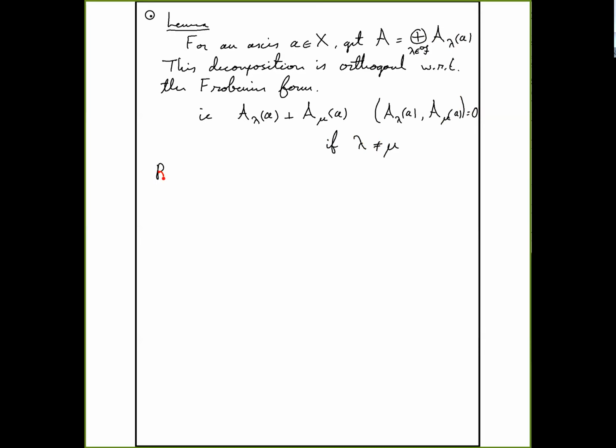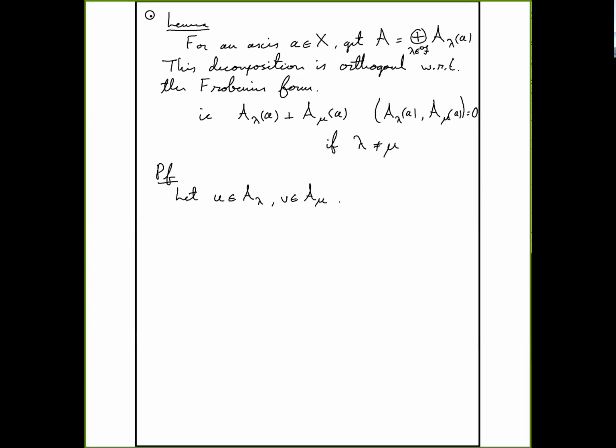So again, how do we see this? Well, let's take two eigenvectors then. So let U be in A lambda and V be in A mu with respect to A. Then, well, what do we know about U? U is a lambda eigenvector.